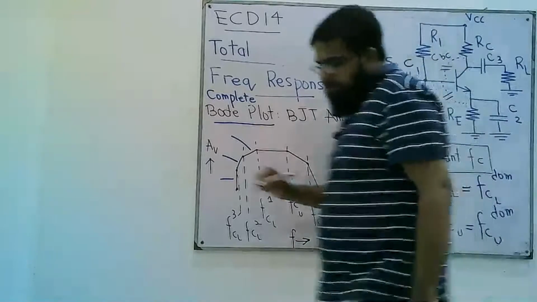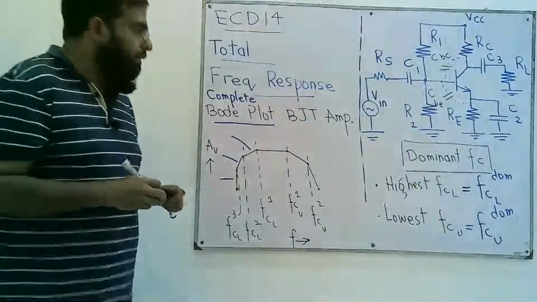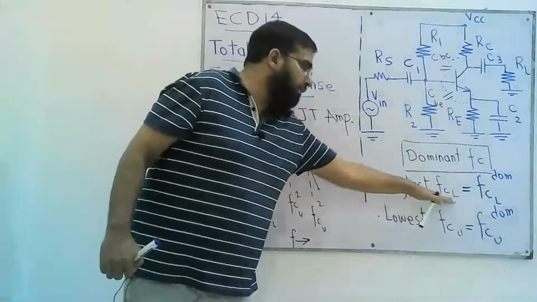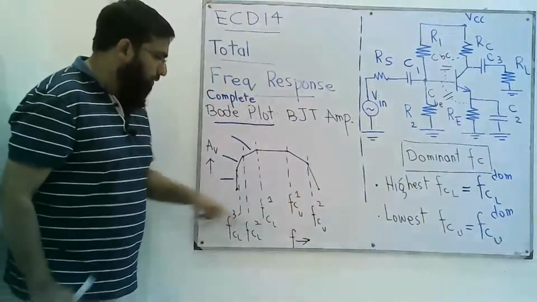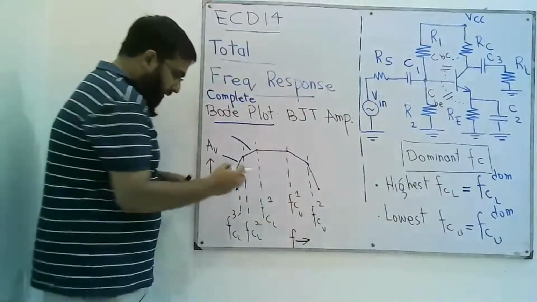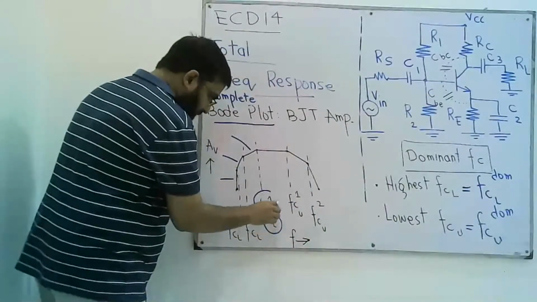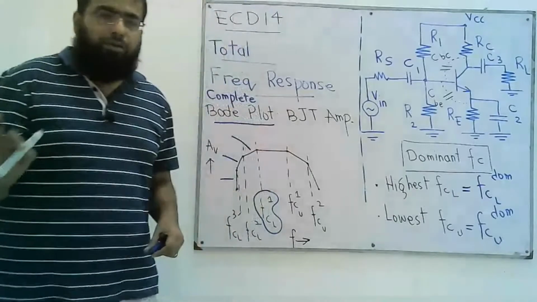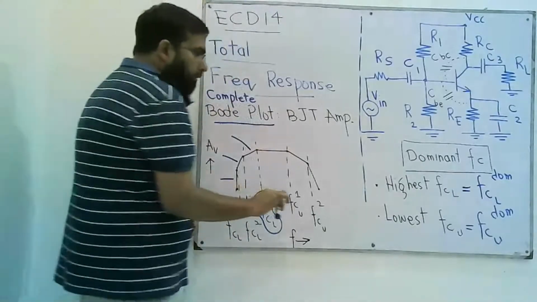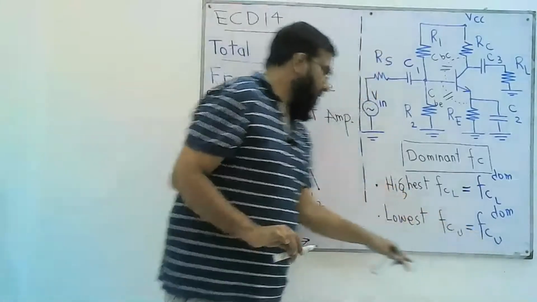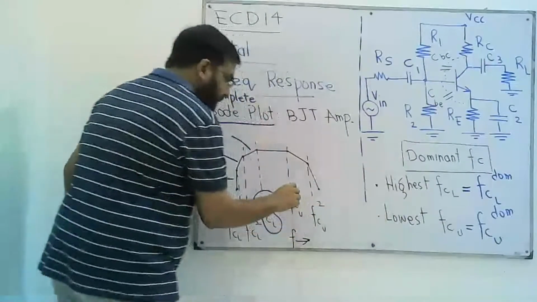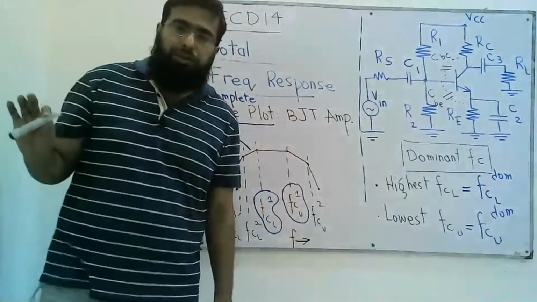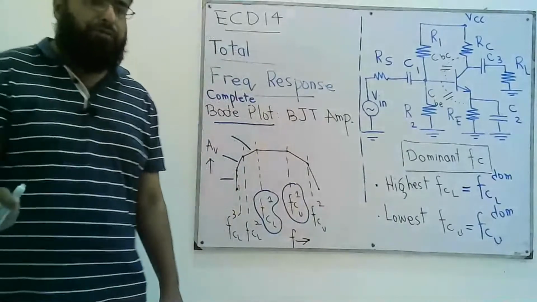The dominant lower cutoff frequency is the highest of the three lower cutoff frequencies. In this case, it is this frequency. Whereas the dominant upper cutoff frequency is the lowest of the two upper cutoff frequencies.